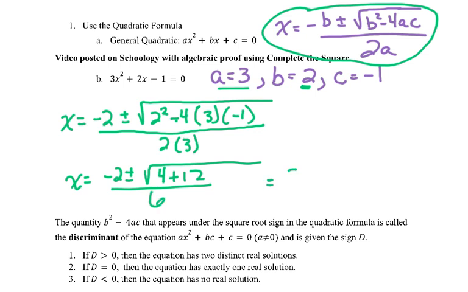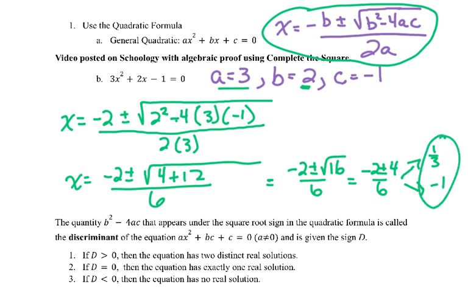Continue to simplify, negative 2 plus or minus the square root of 16 over 6, which is negative 2 plus or minus 4 over 6, and our two solutions would be negative 2 plus 4 is 2 over 6, which is 1/3, and negative 2 minus 4 is negative 6 divided by 6 is negative 1. And there's your two answers, 1/3 and negative 1.